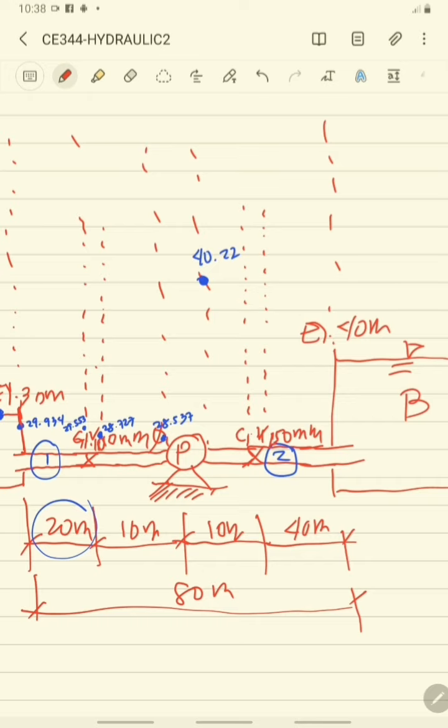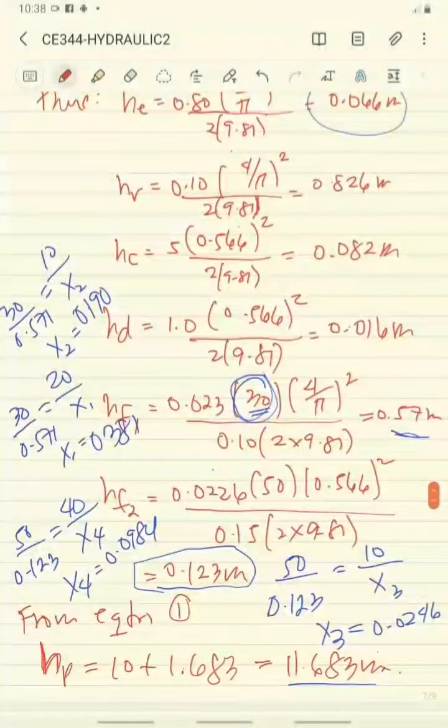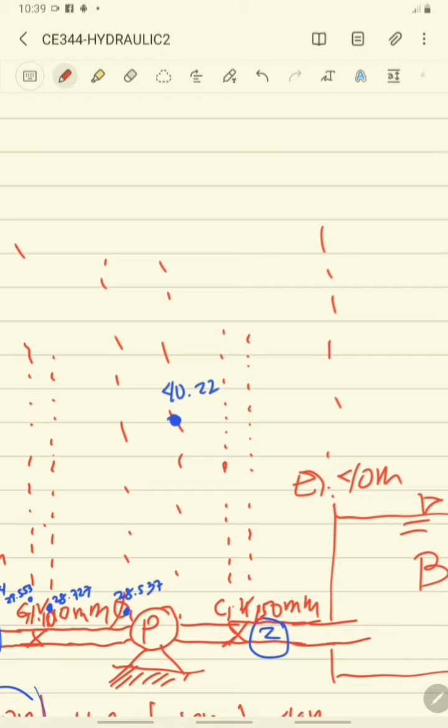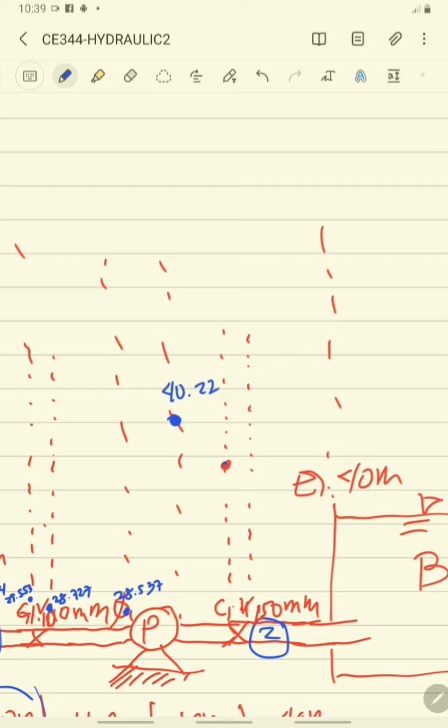So 40.22. Okay, the friction of the pipe is 0.0246. So that is 40.195. So here 40.195. This is exaggerated, huh? This is an exaggerated elevations.